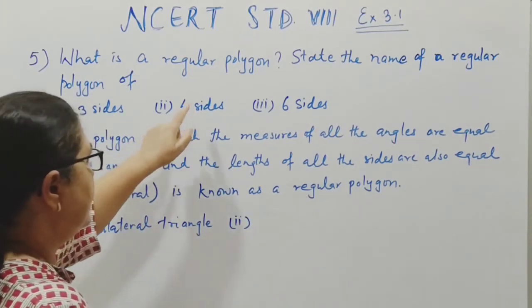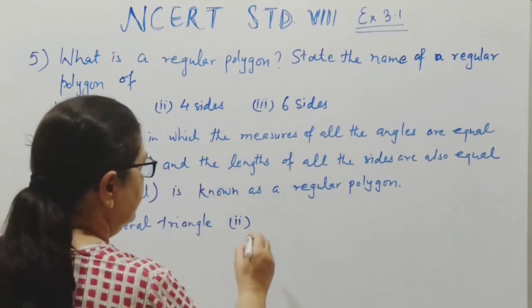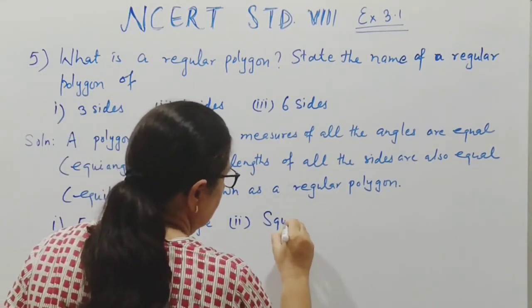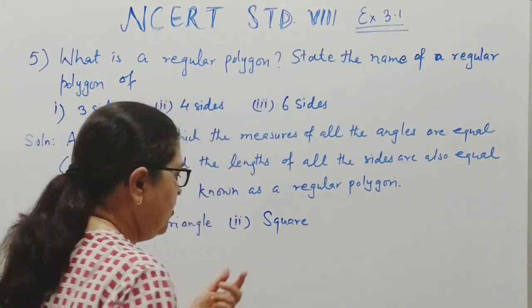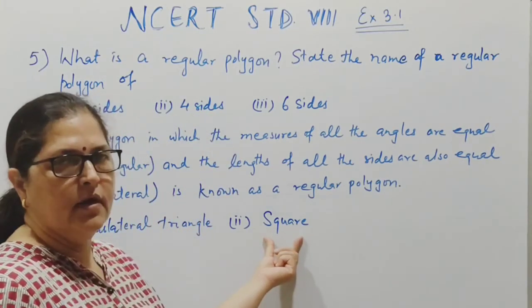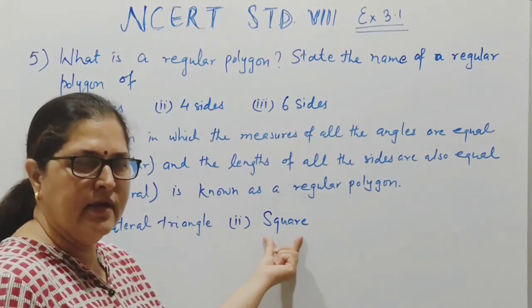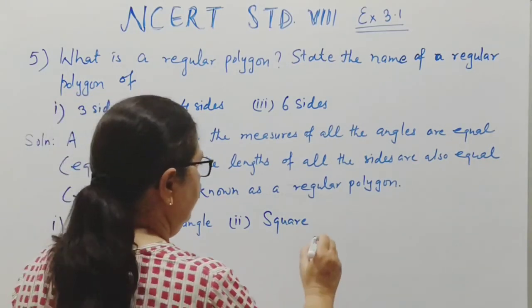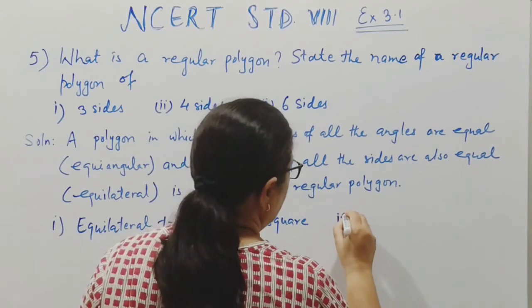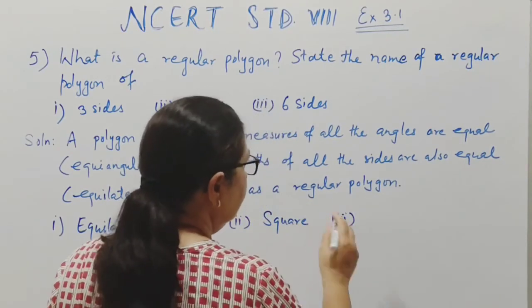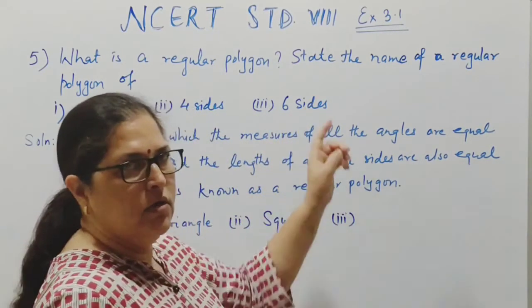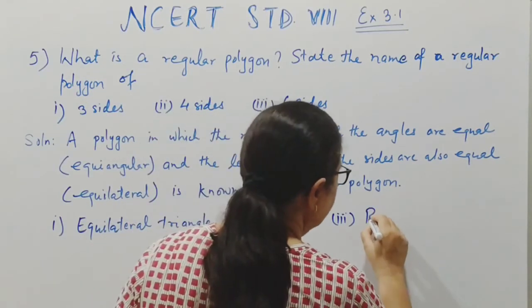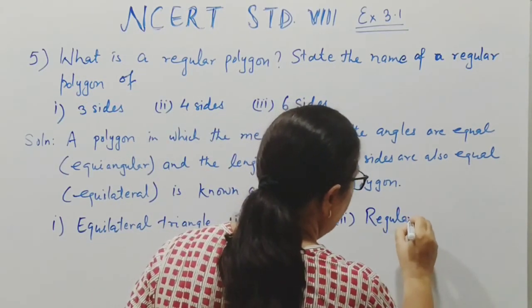Second one, a regular polygon with 4 sides. A regular polygon with 4 sides is a square. It has all the 4 sides equal and all the 4 angles are of 90 degrees. Then the 6-sided regular polygon is known as a regular hexagon.